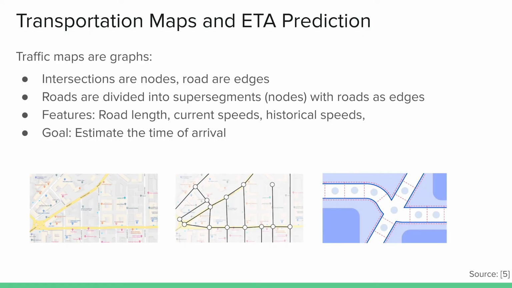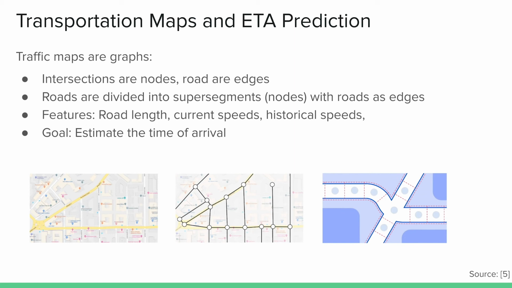The other example that we've already talked about before is transportation maps or street maps, where we want to predict the estimated time of arrival. As we've talked about before, you could say intersections are nodes and roads are edges. But you could also do something that has been done at DeepMind, which is quite interesting: you reformulate the problem.